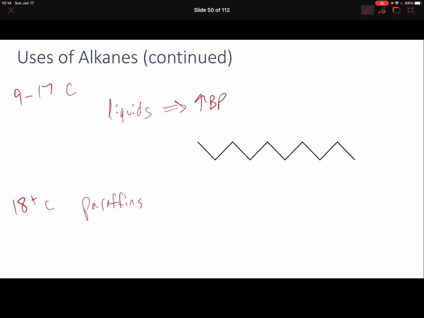These are waxy solids. Waxy solids at room temps like petroleum jelly, like Vaseline. Semi-solid mixture of hydrocarbons that have more than 25 atoms. So 25 atoms, definitely above the 18, just gives you that sort of solid, waxy texture and type of material.